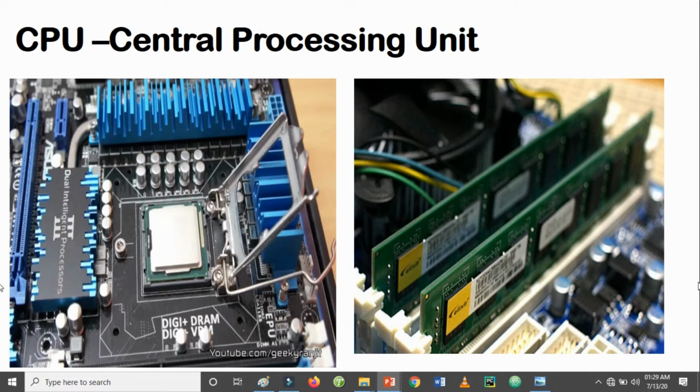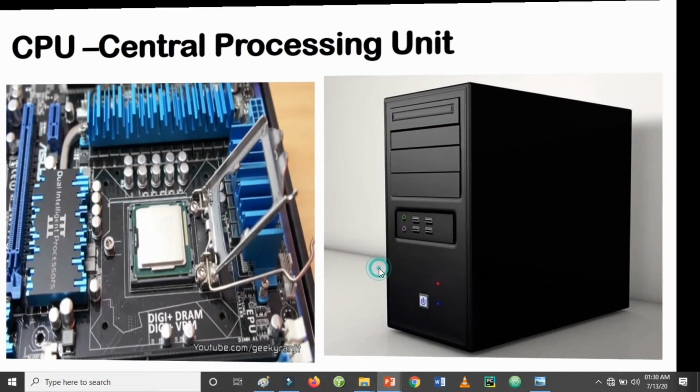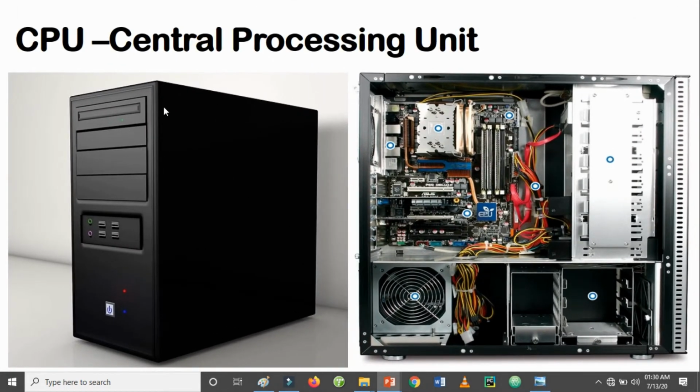These are RAM slots, like everything in the computer has its place. We put RAMs, these green things, in the RAM slots, and everything goes inside this box, and this is what it looks like when you open the box.